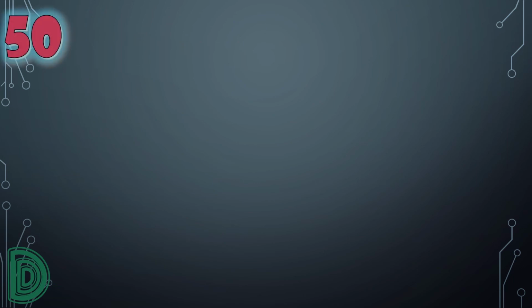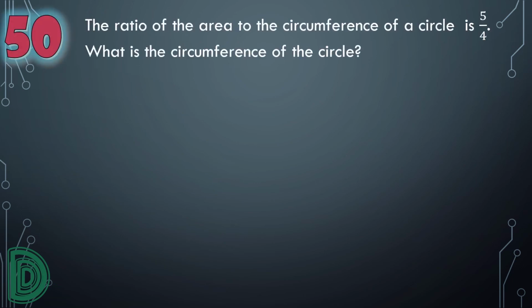Number 50. The ratio of the area to the circumference of a circle is 5/4. What is the circumference of the circle? The area of the circle is pi r squared, and the circumference of the circle is 2 pi r.